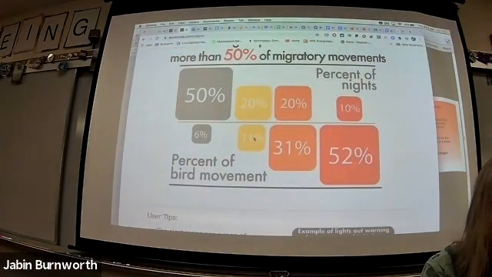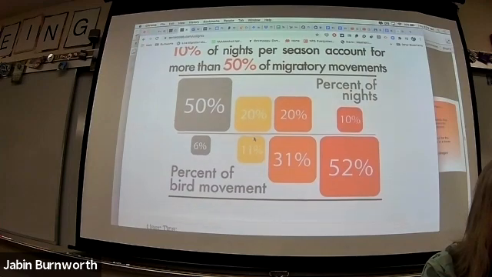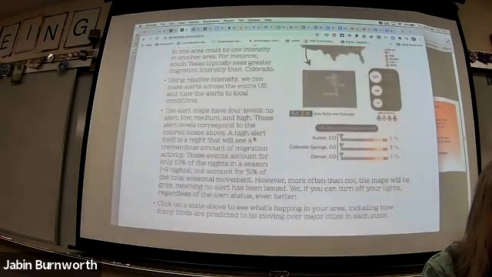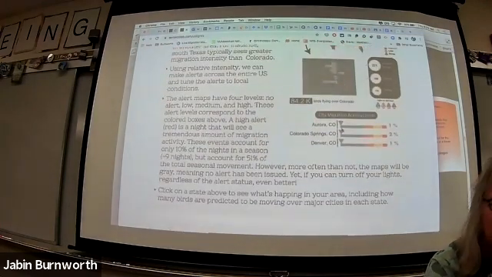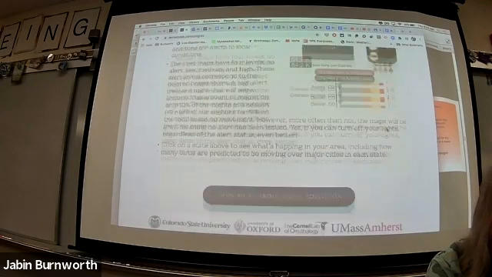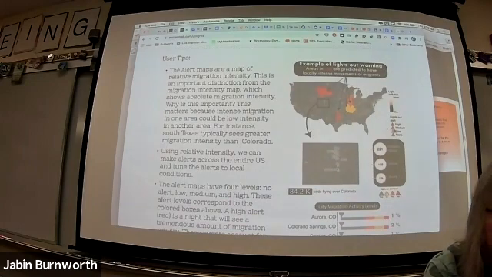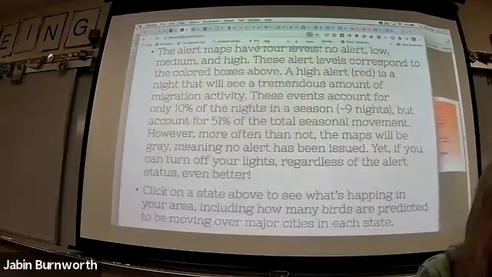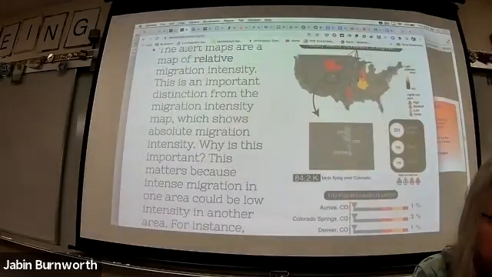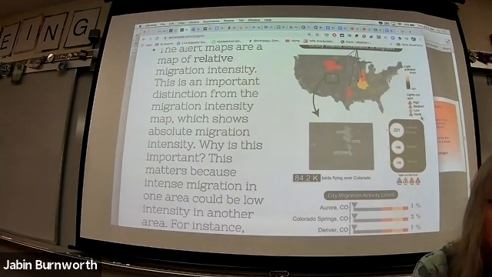Gray is like nothing. Orange is pretty good. Yellow, and then it looks like red is the best. Oh yeah, here we go. Let's see if you can see this. High is red, medium is orange, yellow is low, and gray is none.